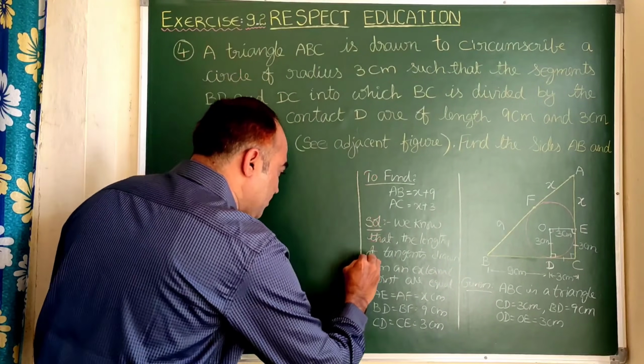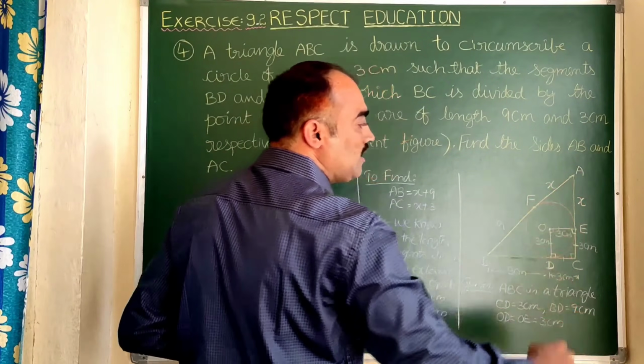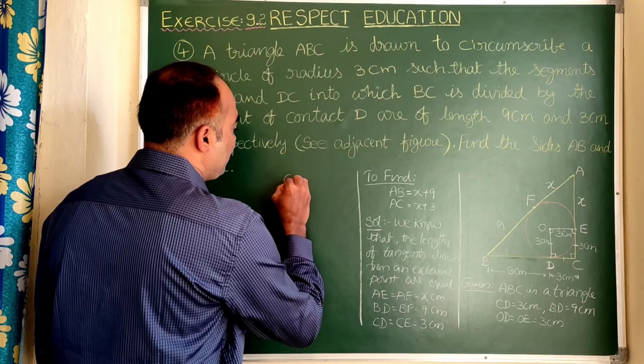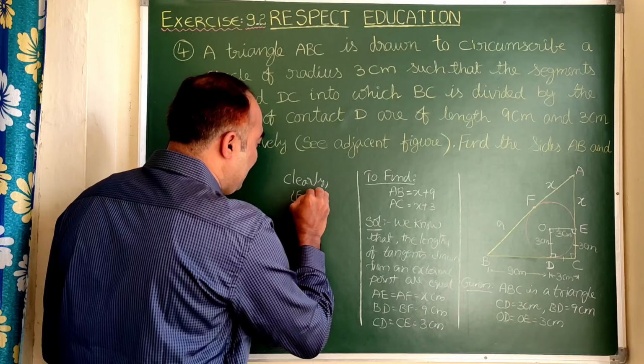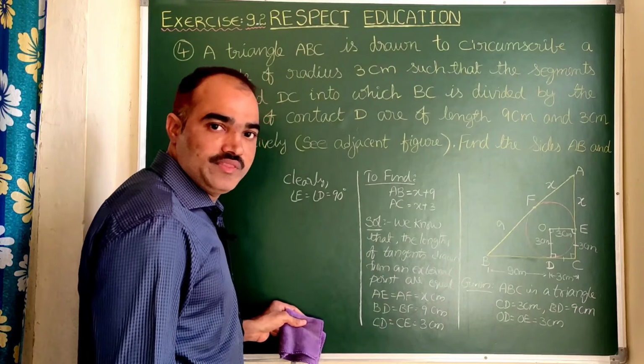And one more thing we need to observe here is that the angle between the radius and the tangent at the point of contact is 90 degrees. So clearly, angle E and angle D each is 90 degrees.